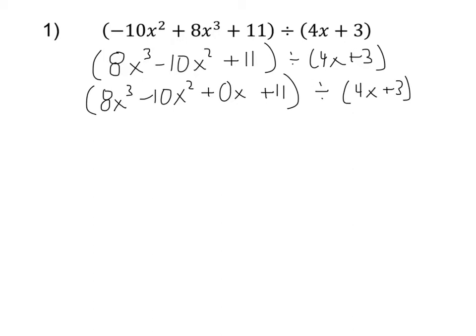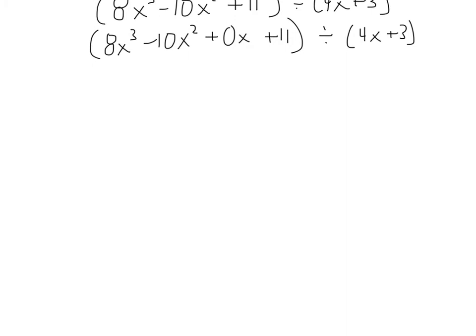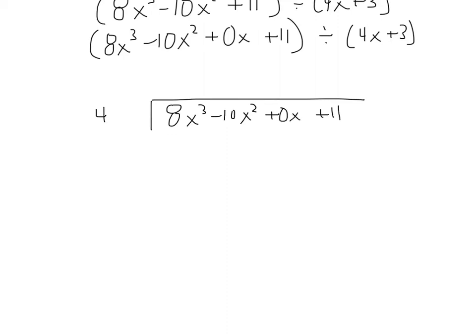There's no x term, so we think of that as having a 0x. That's important for when we do our division. Once you have that set up, the division works pretty much the same way. So let's go ahead and do that. We're dividing 8x cubed minus 10x squared plus 0x plus 11 by 4x plus 3.